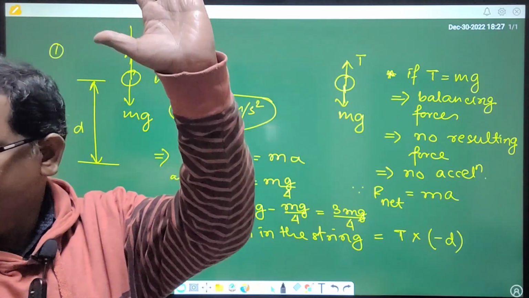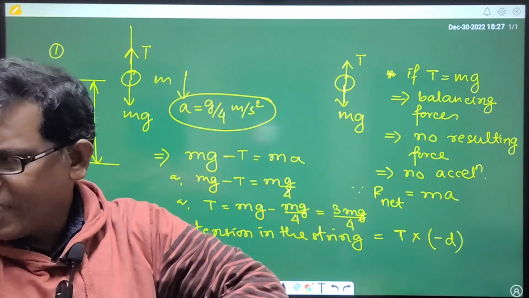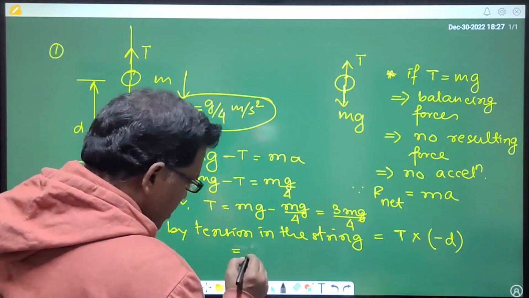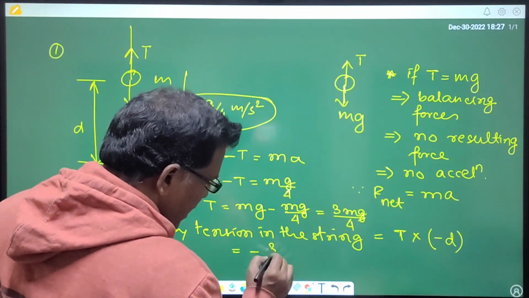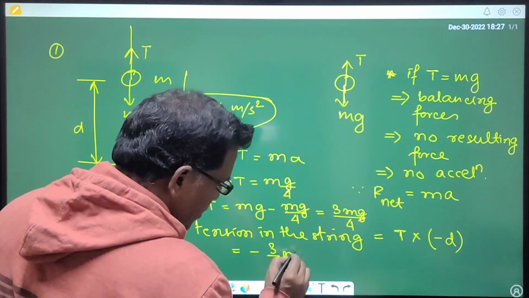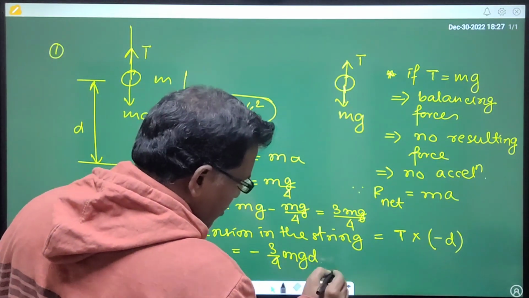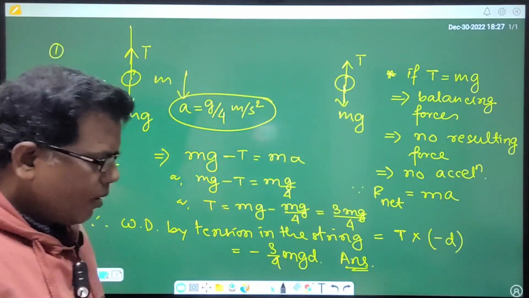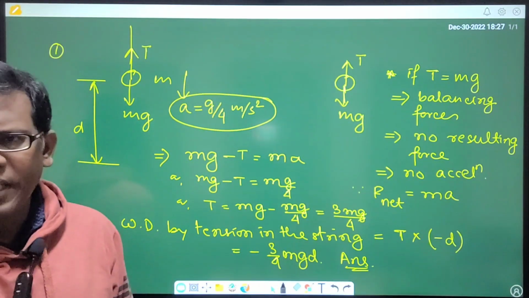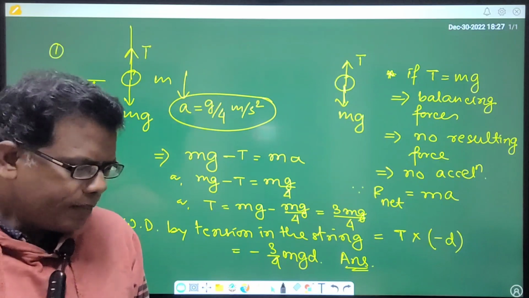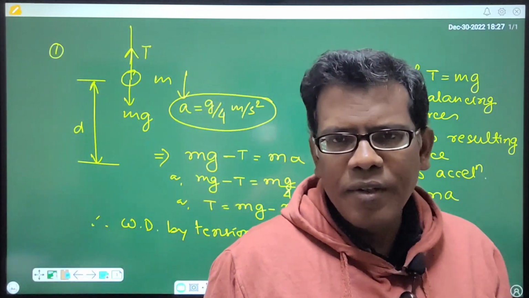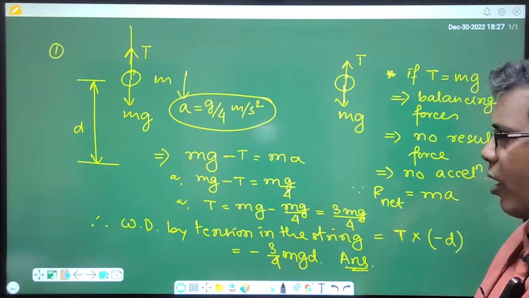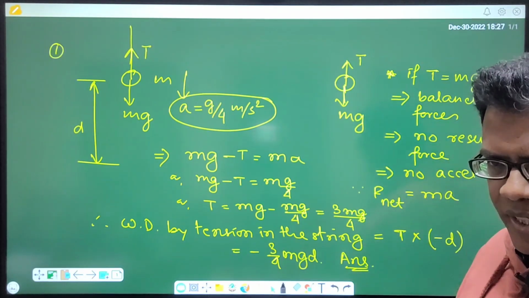Because if I take T as positive, then d is negative, opposite in direction, so negative work done. Instead of T I can write 3/4 of mg, into d. So the work done is minus 3/4 mg d. Getting me? Minus 3/4 mg d is the value of work done by tension in the string in this case.